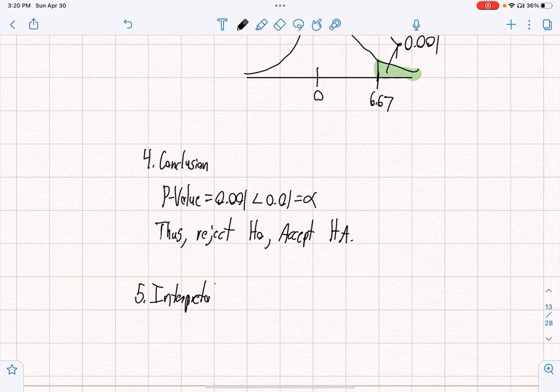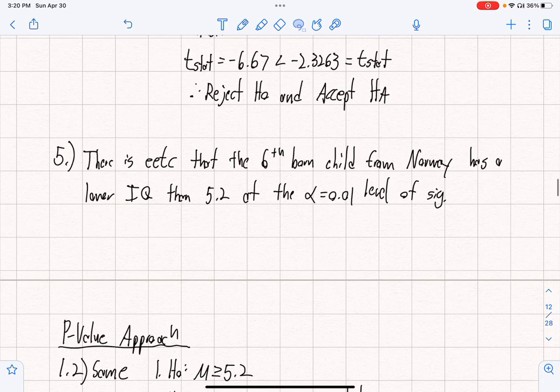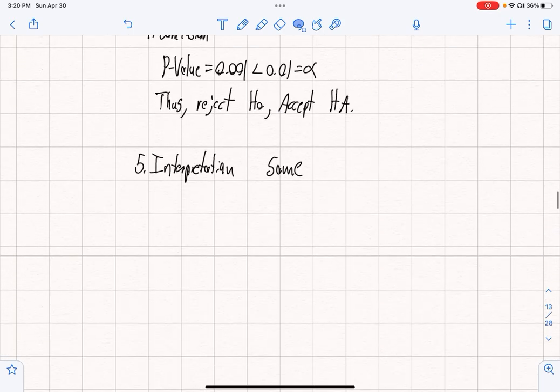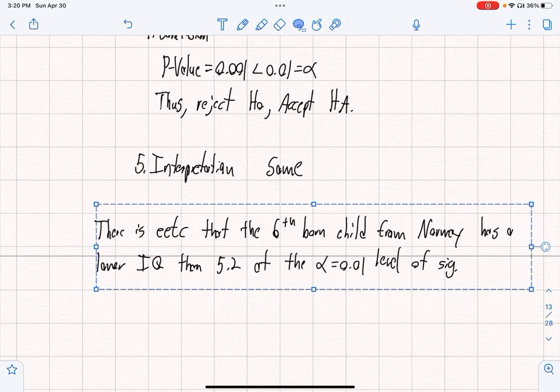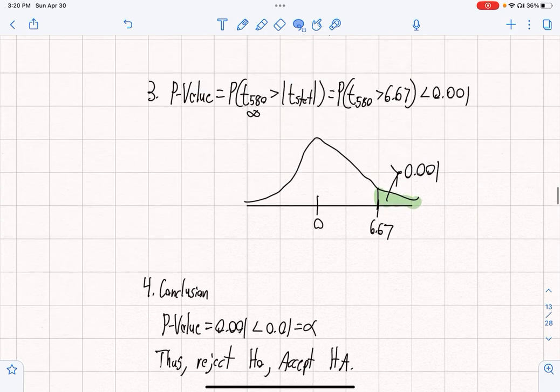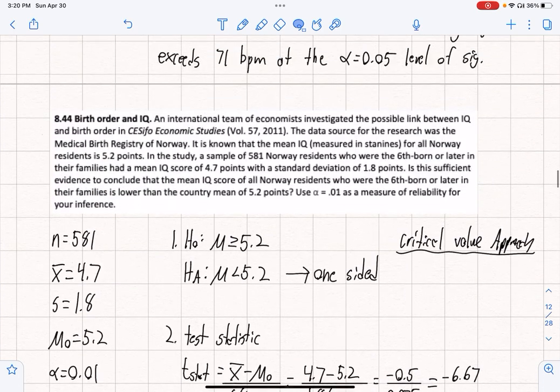The interpretation is the same, so let me just copy it down real quick. Those were two examples of hypothesis testing for the mean.